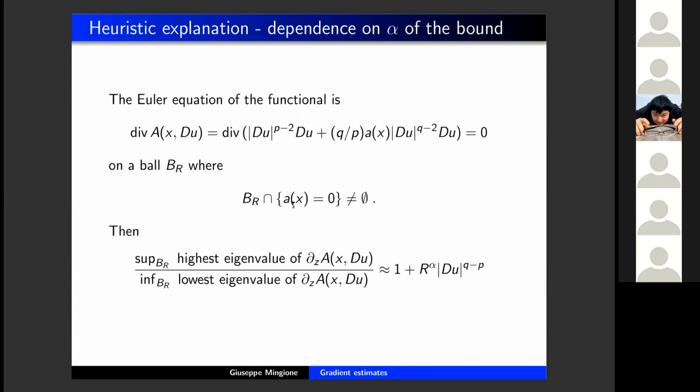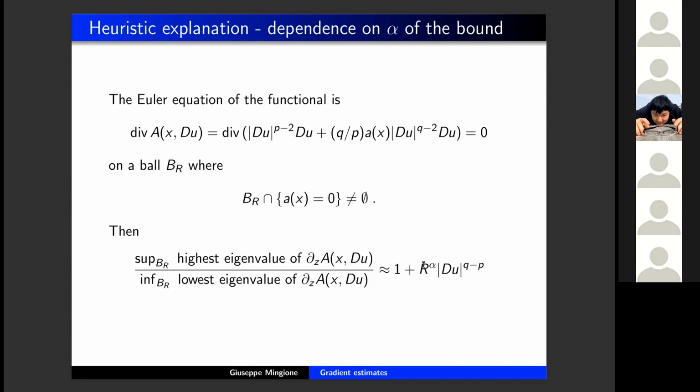Because essentially the rate of Hölder continuity allows to calibrate the balance between the potential blow up of the ellipticity ratio and the fact that it stays bounded. So let me take a ball where a of x is 0. So since a of x is Hölder continuous, is C^{0,alpha}, then more or less it's like R to the alpha.